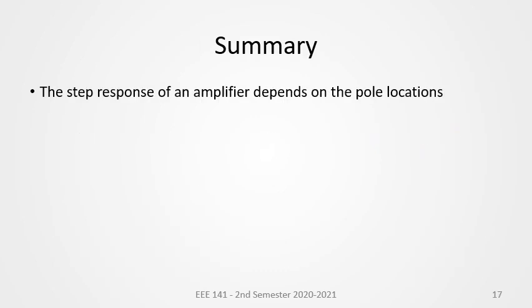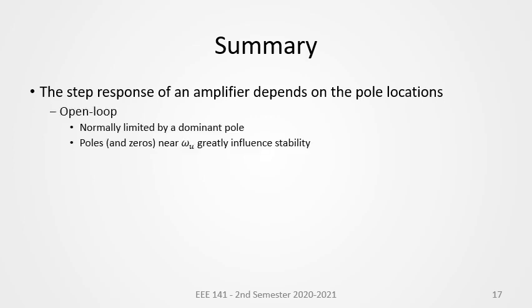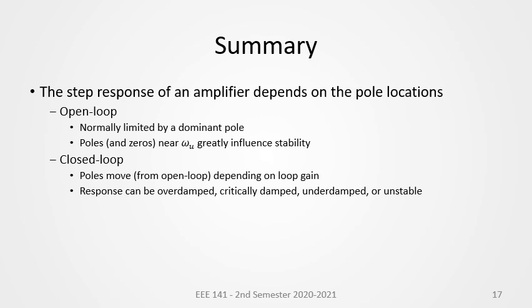In summary, the step response of an amplifier depends on the pole locations. For an open-loop amplifier, the frequency response is normally limited by a dominant low-frequency pole. The poles and zeros of the open-loop gain near the unity gain frequency greatly affect the stability when configured in closed loop. At closed loop, the poles move depending on the loop gain.